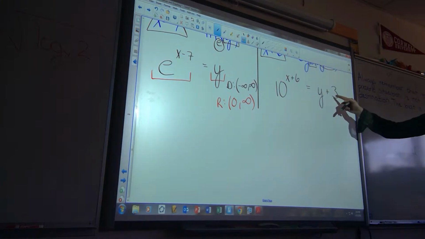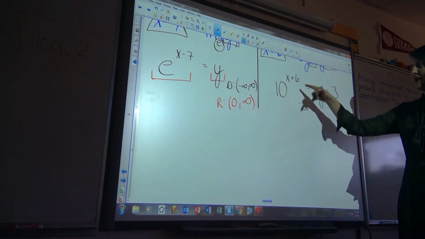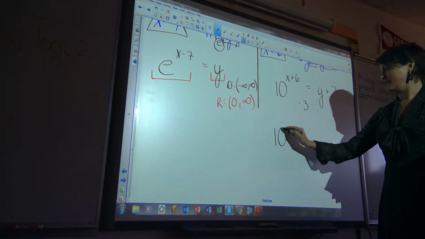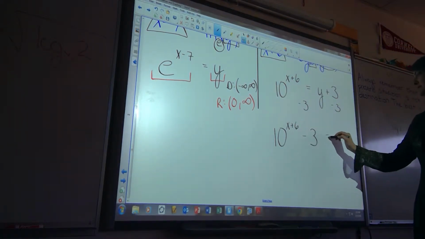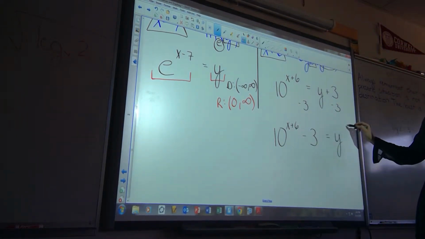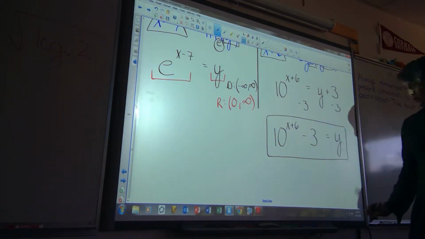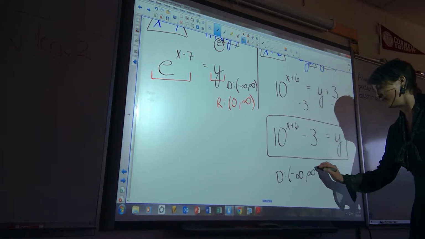And then I do need to move that 3 over. But that 3 is not going to impact that exponent. It's going to be after that, like this. So this is our inverse equation. Domain and range. Domain is easy, negative infinity to infinity.